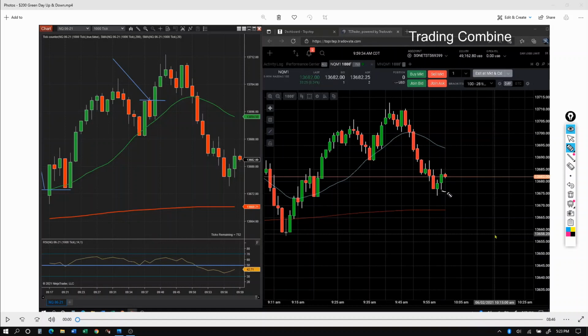So I'm avoiding all of this, and I'm avoiding all of this, and I'm waiting for green bars to approach the 20 moving average. When I see a weak green bar, I'll place my order below the green bar so that the next candle will break through it, and you'll see what I mean.